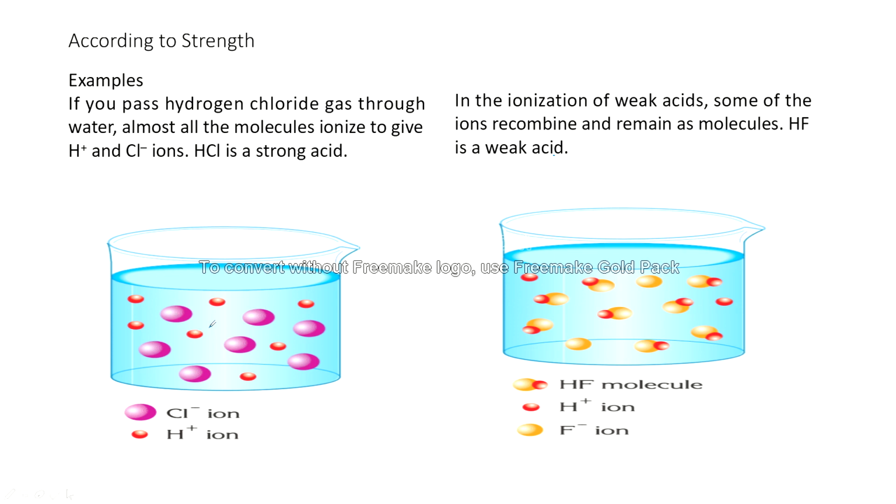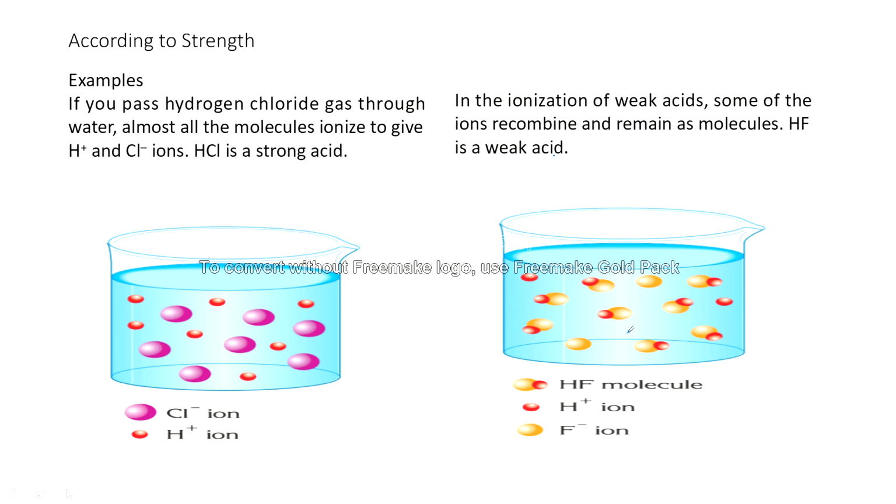As we can see in that image, we have the hydrogen ion and we have chloride ions. There is no molecule, only positive and negative charge. These are hydrogen plus and chloride ions. There was a complete dissociation of the hydrogen chloride molecules.